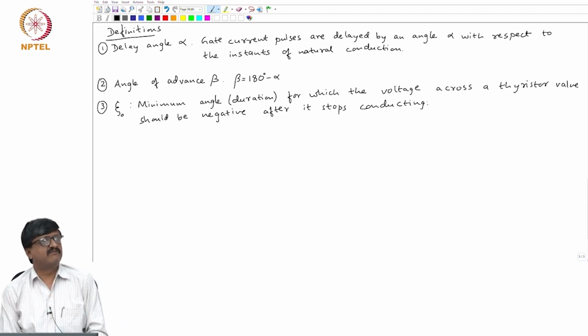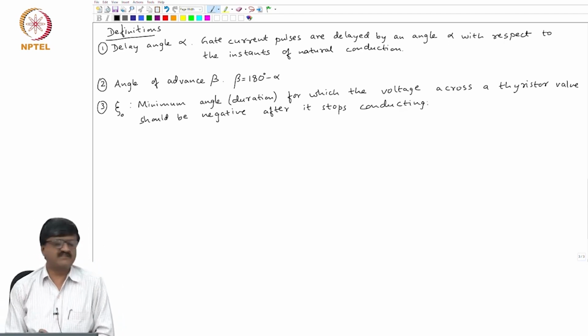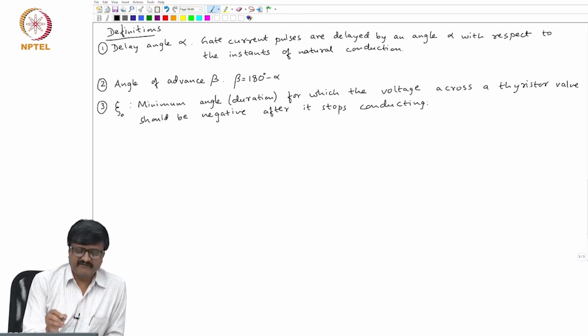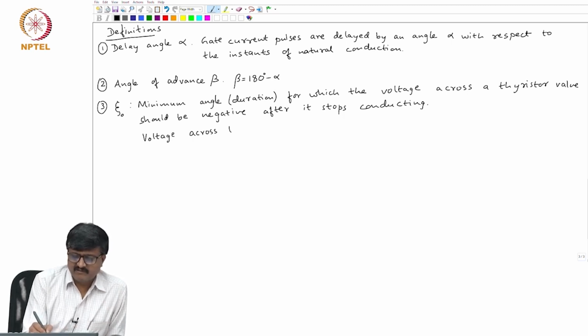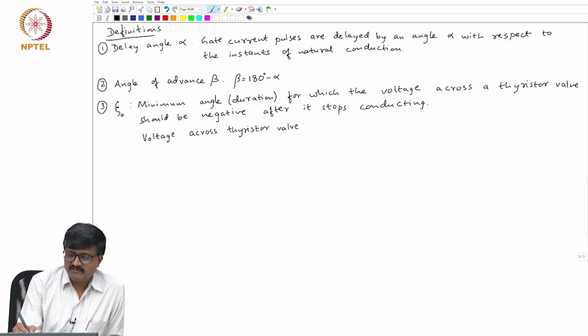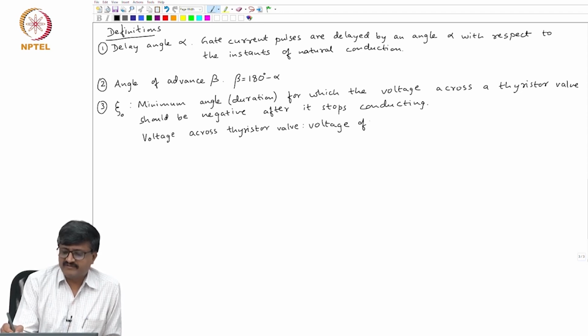So, what does that mean? First of all, what is meant by voltage across thyristor valve? Let us make it very clear. Voltage across thyristor valve means voltage of anode with respect to cathode.